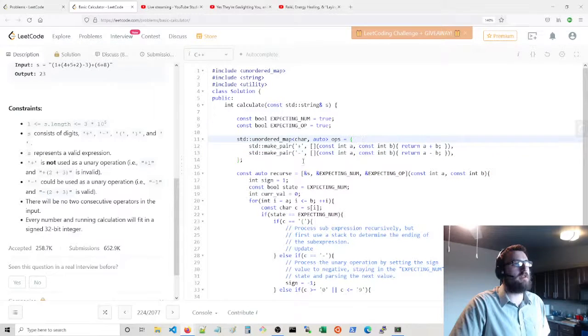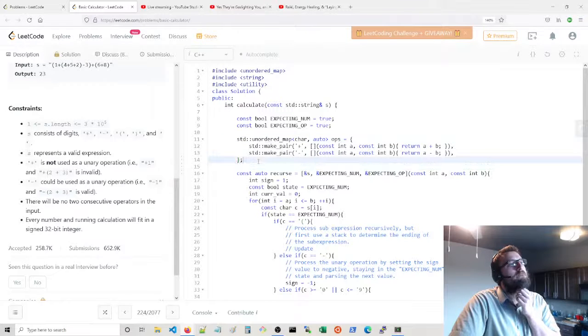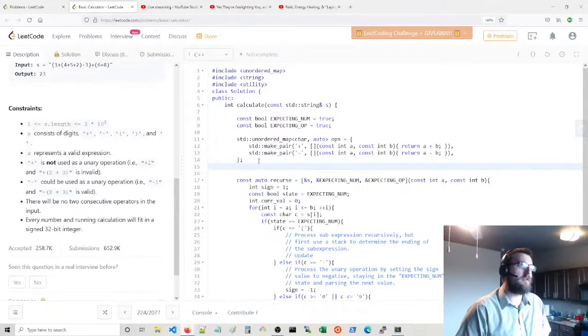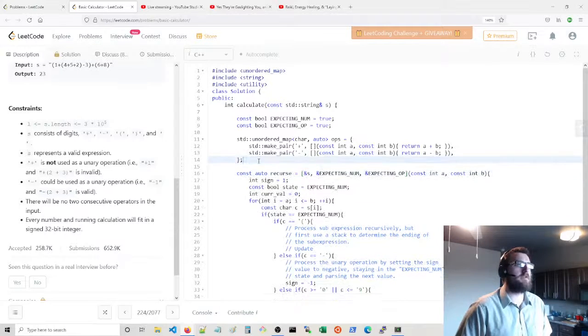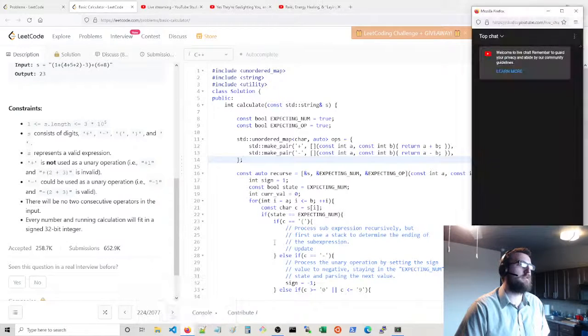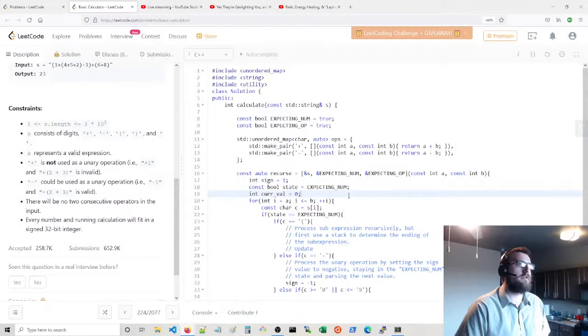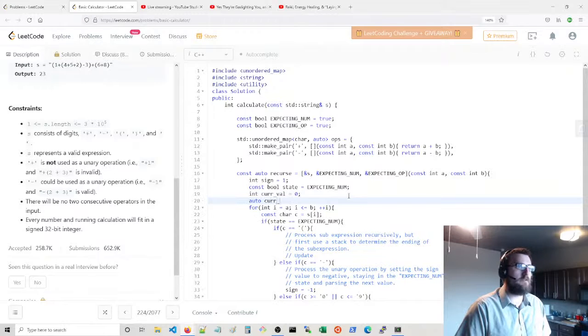And we can say current op is going to be, I guess you could say auto current op. So my question is, I think you would set auto current op.